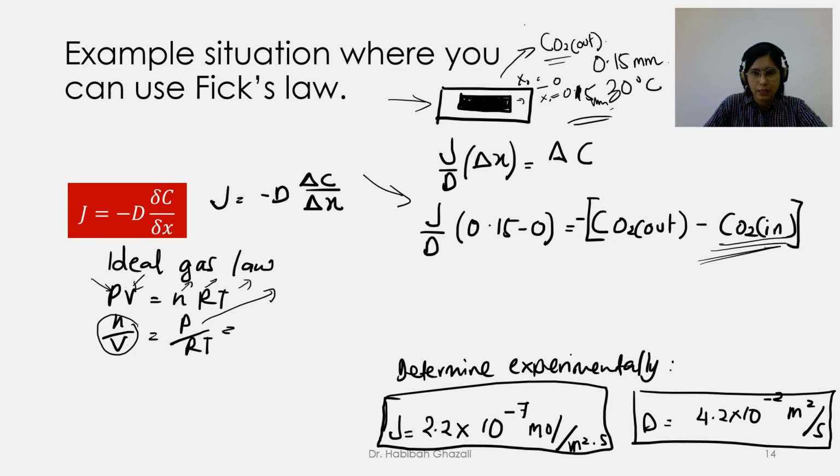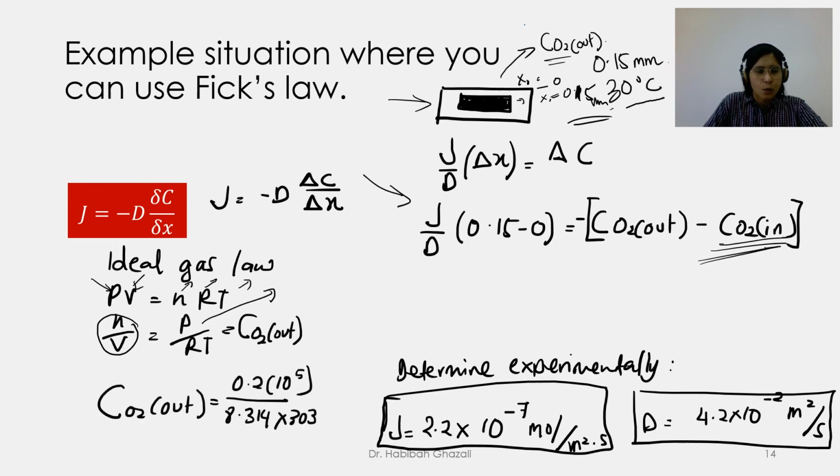The pressure is only the partial pressure, because only 20% of the atmosphere is oxygen, so that's only 20% of the total atmospheric pressure. The temperature here is 30 degrees. If we do that calculation, we get that the concentration of the oxygen outside equals 7.94 moles per meter cubed. All right.